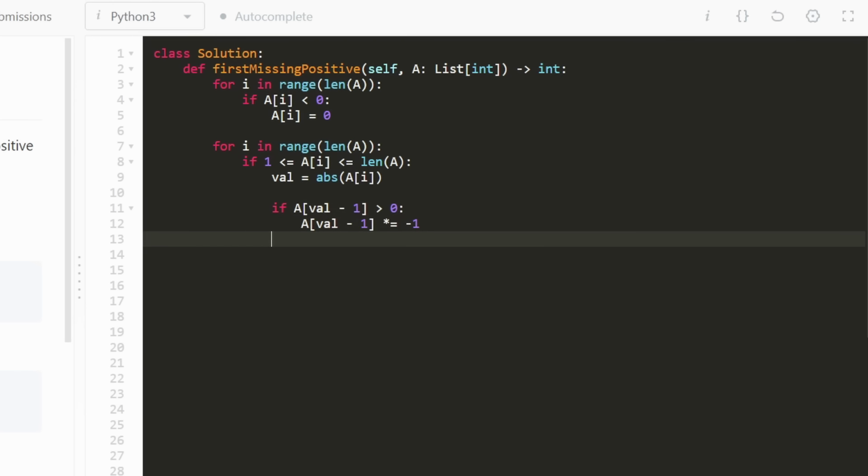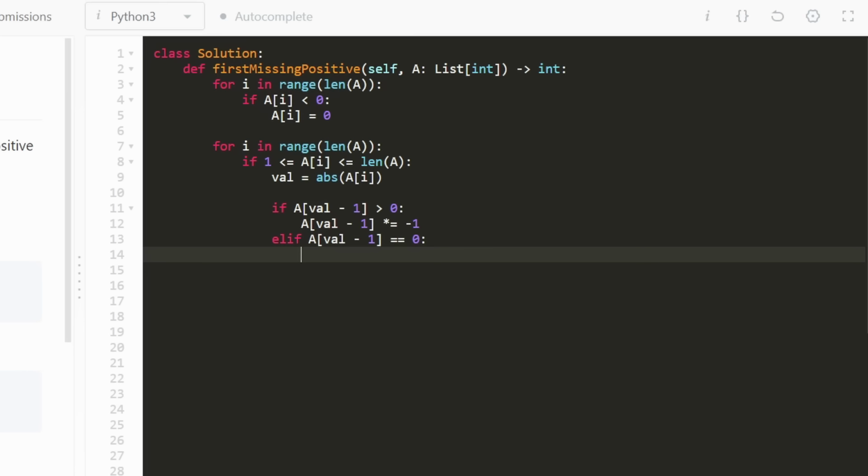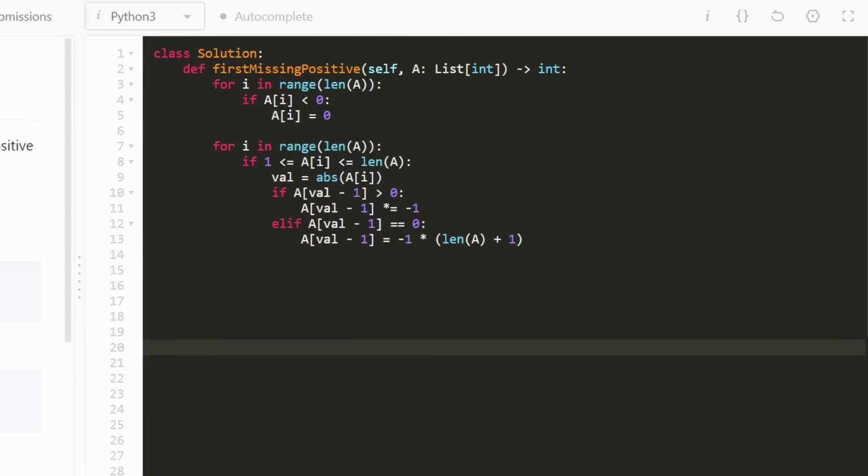But the last case was else if this value happens to be 0, right? That was the edge case that we were worrying about. So if this happens to be 0, then what we can do is assign it to a special value of -1 multiplied by the length of the array plus 1. And that's actually this entire loop.